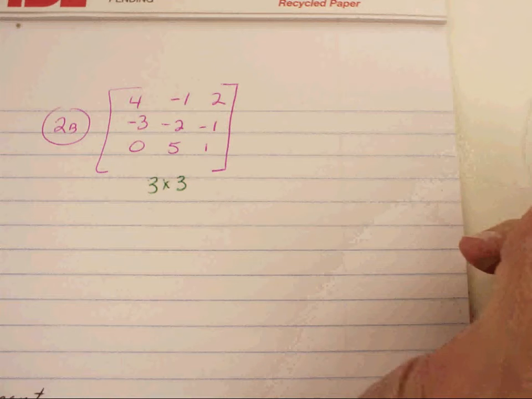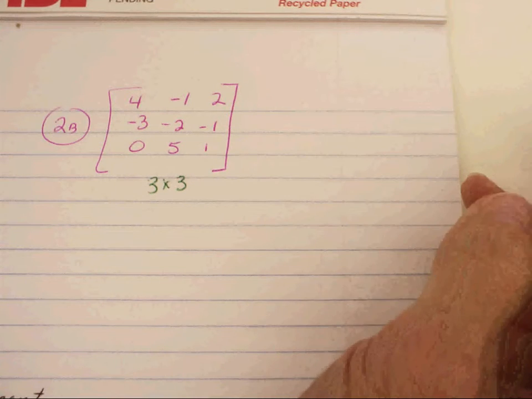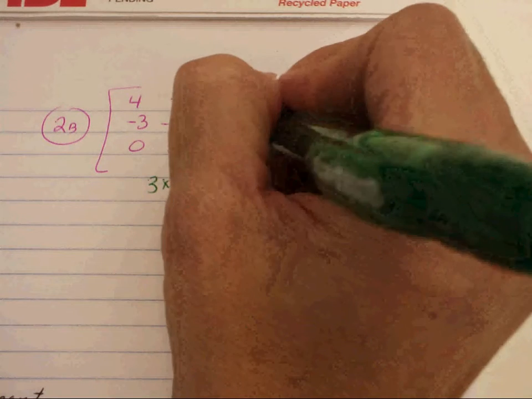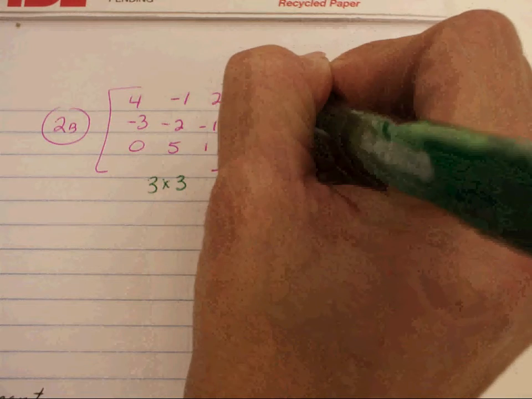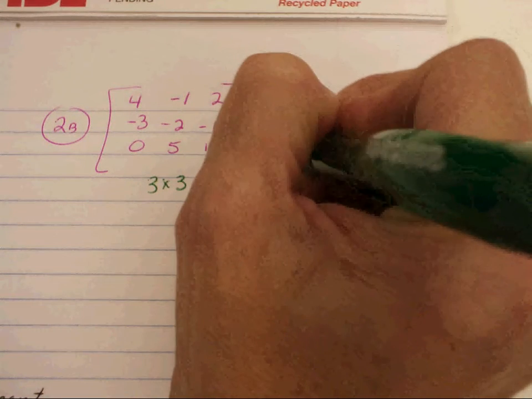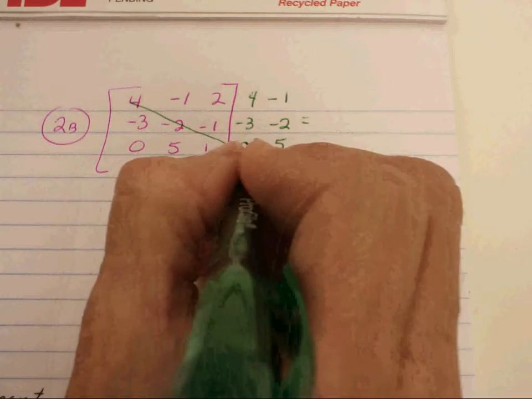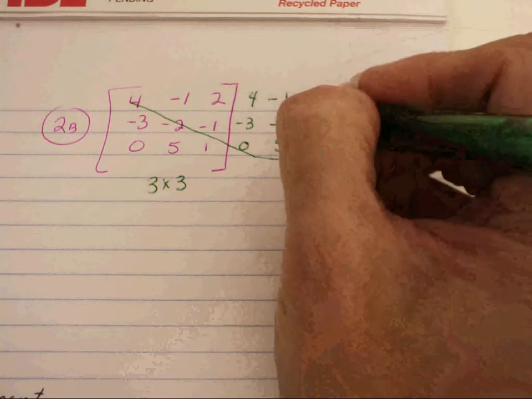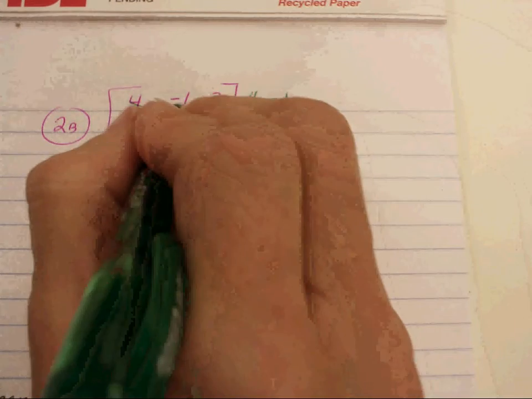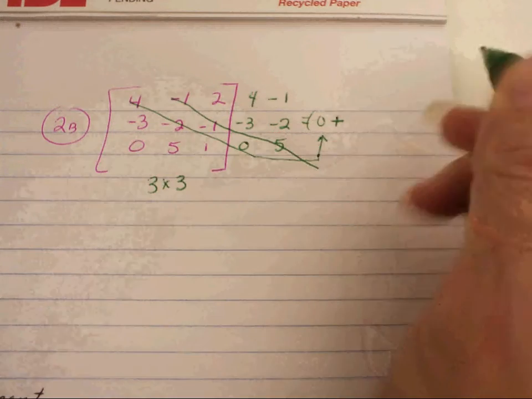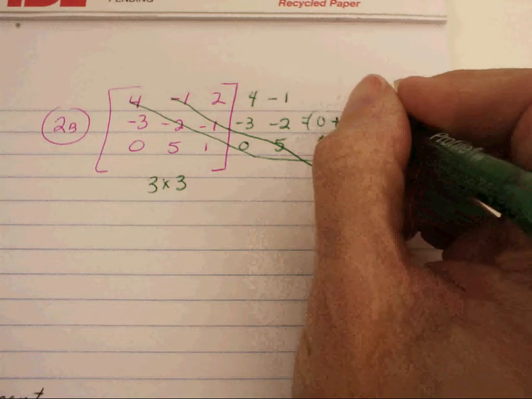So is it a square matrix? Are we even able to find a determinant of it? What do y'all think? Yes, good. It is a 3 by 3. It is a square matrix. What is the first step that you're going to do, Nikki, to start? Good, because we're going to use them as helping us with the diagonals.